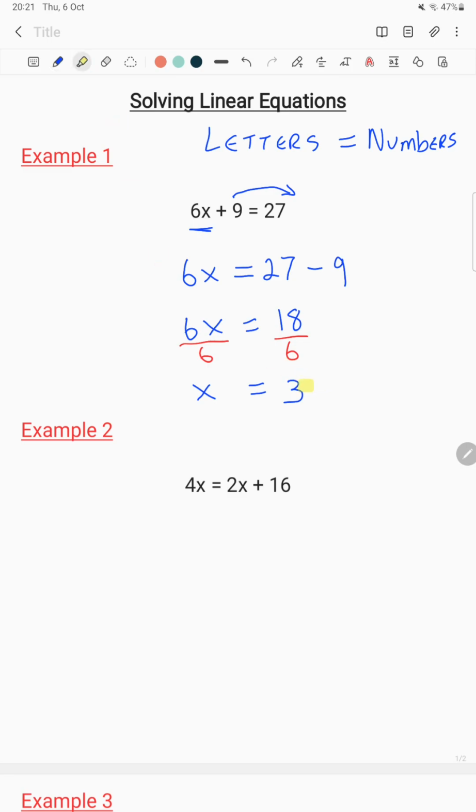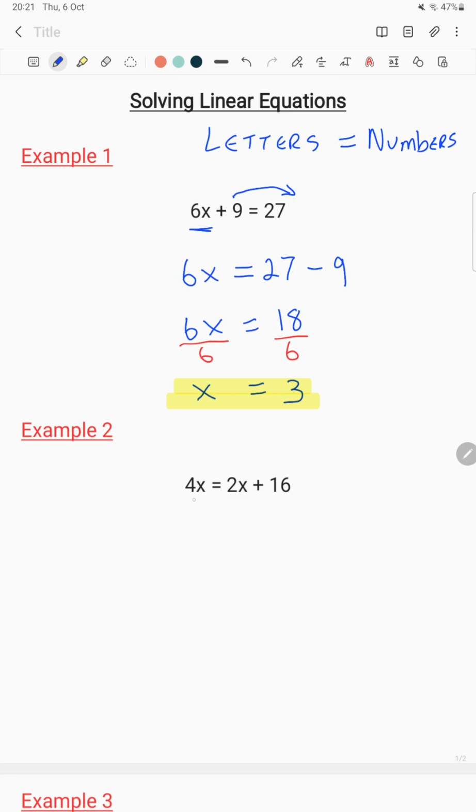And that is our solution or value for x. Now, you may have a 1 in front of the x, which is fine if you want to write it that way, but that's not necessary. If it's a single x on its own, x equal to 3 is sufficient, but it's whatever way you're most comfortable writing it.